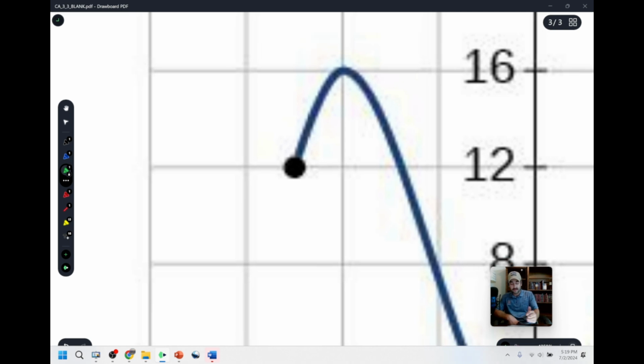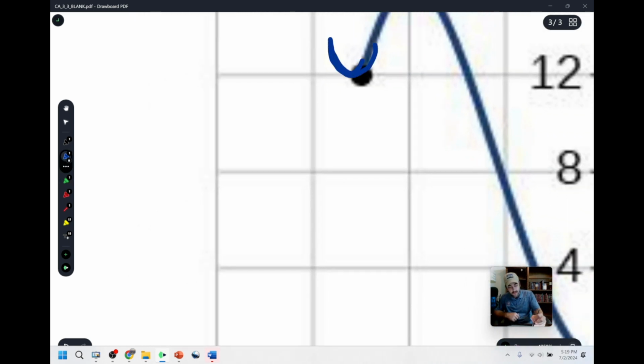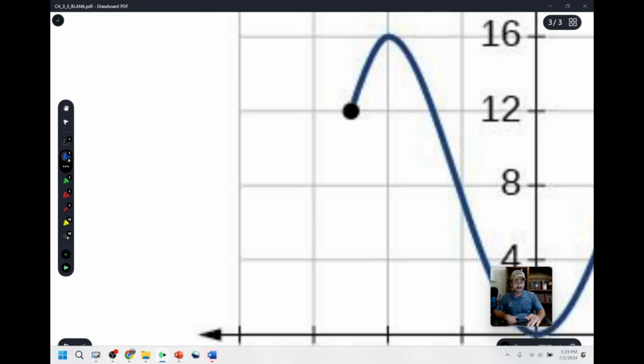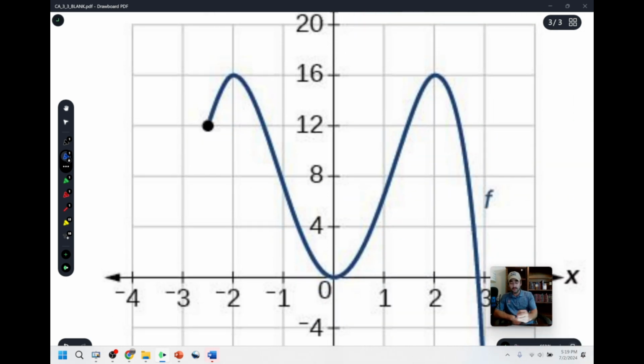But for instance, no matter how far I zoom in here, that's never going to be the minimum because it doesn't turn around and go back up, right? I don't know if it's going to keep going if that wasn't a dot. I don't know if it's going to turn around. I don't know if it's going to stop. I don't know if it's going to turn back around and not be a function because it's piecewise or some not function like a circle. And so when you zoom in far enough, you can tell what a local max is.